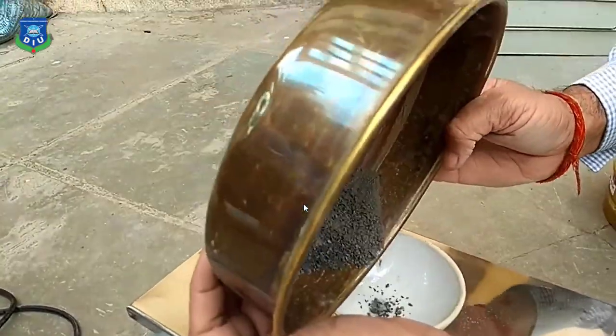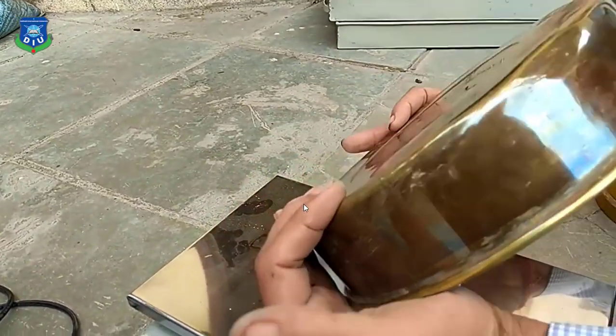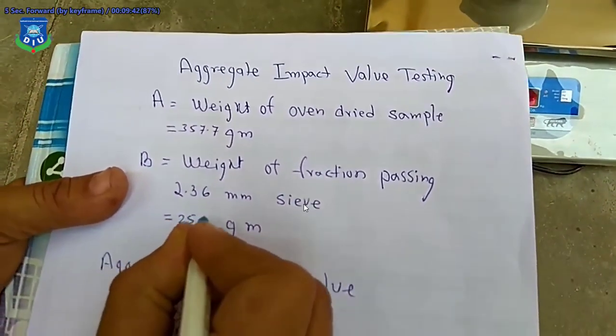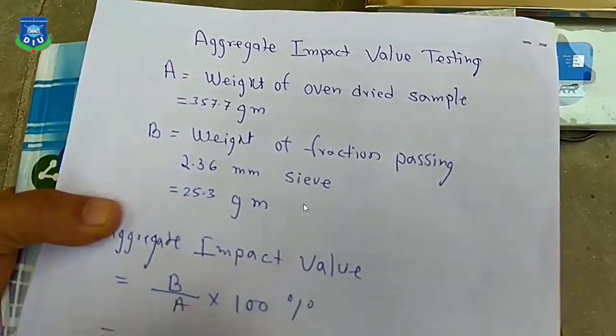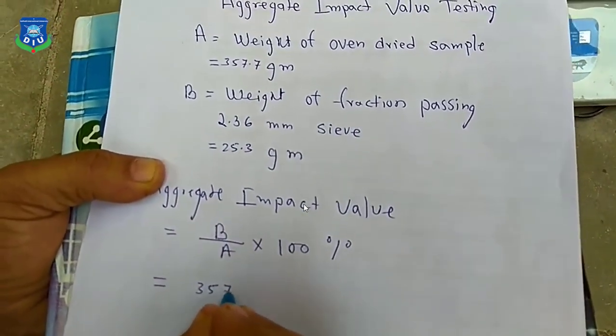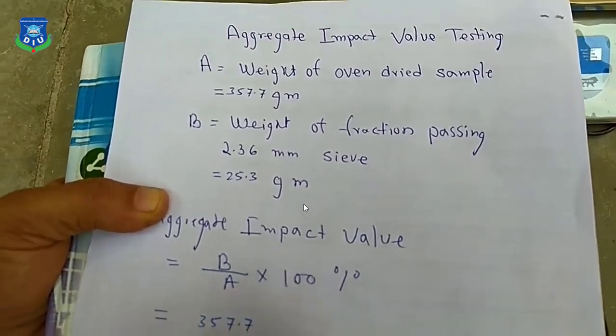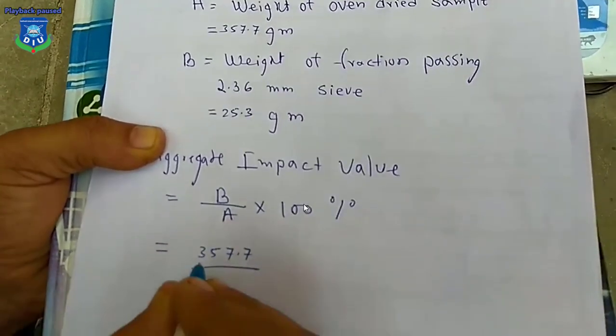The material passing through the 2.36 millimeter sieve weighs 25.3 gram. The aggregate impact value is the ratio of the weight of the fraction passing the 2.36 millimeter sieve divided by the weight of the oven dried sample.